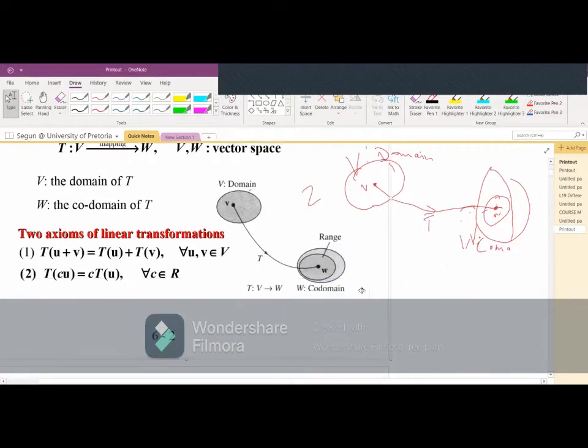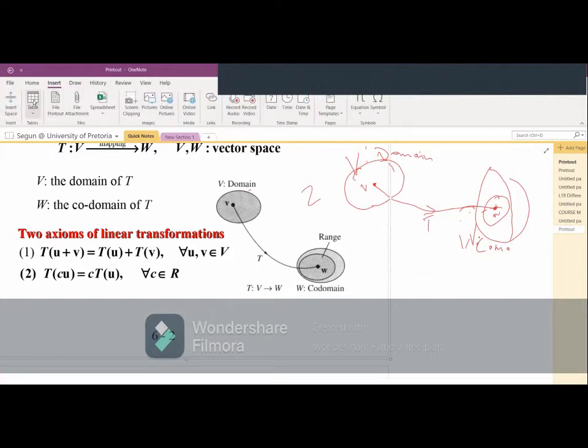Okay, let's proceed. So in this content, there is something we need to show us. Okay, let me just try and insert the table for us.